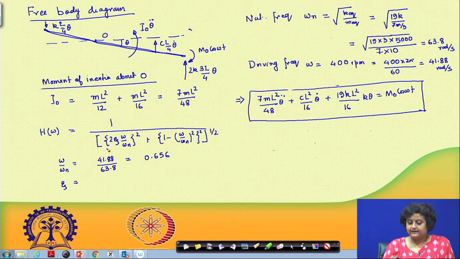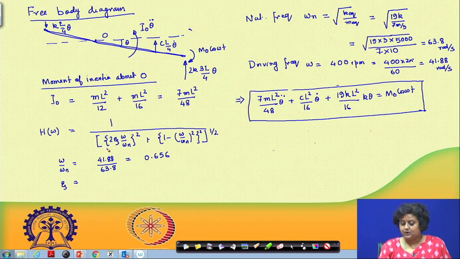So, now our next job is to find out zeta. So, how do I find out zeta? I know that 2 into zeta into omega n is going to be C equivalent by M equivalent. In this case, it is C; L² by 16 is going to cancel out.